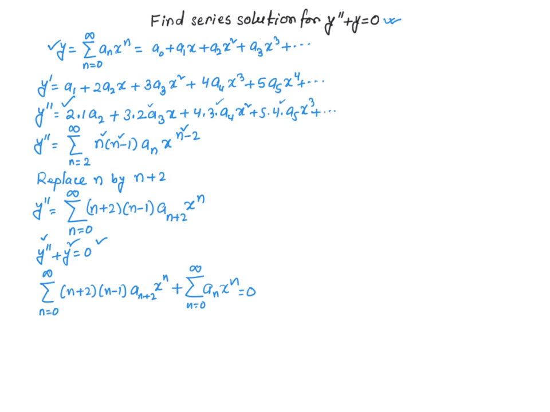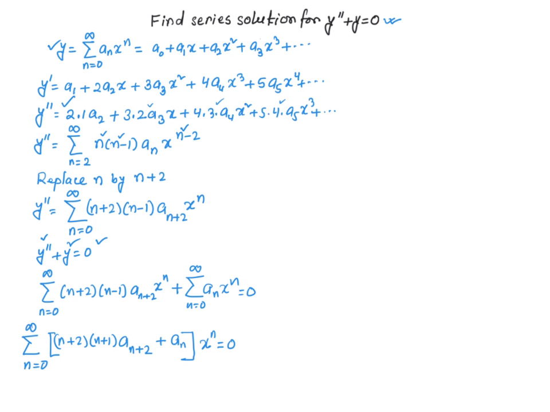So now you have the indices aligned, all starting from 0. I could rewrite it as the summation from n equals 0 to infinity of n plus 2 times n plus 1 times a sub n plus 2, plus a sub n, all multiplied by x to the power n, and that is equal to 0.